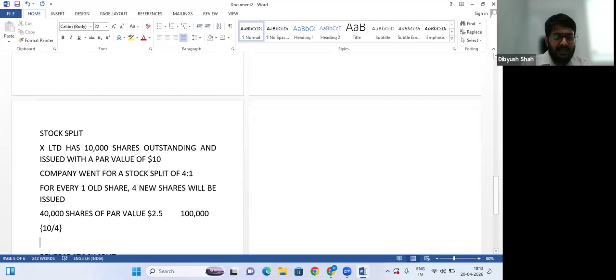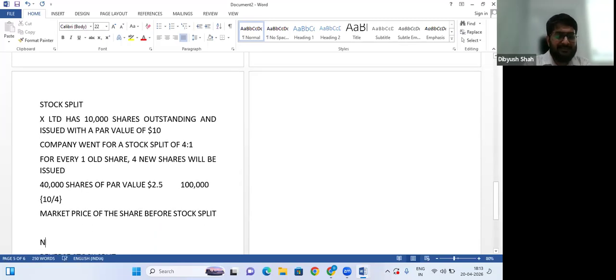Please understand, if the market price of the share in India, we say generally anything between 1,000 to max 3,000, 3,500 is still liquid. But let's say if the market price of the share before stock split, I'll give you one good example. Nestle India. 3 years back, the share prices had reached almost 25,000, way out of the liquidity range.